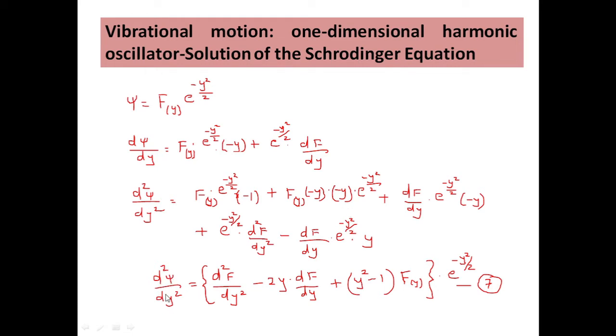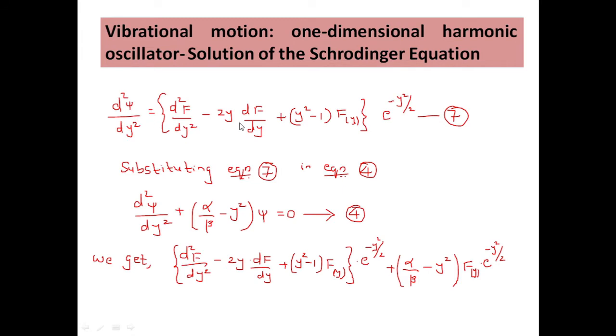Finally, d squared psi by dy squared becomes d squared f by dy squared minus 2y into df by dy plus (y squared minus 1) into f of y, the whole multiplied by e raised to minus y squared by 2. That is d squared psi by dy squared, equation 7.